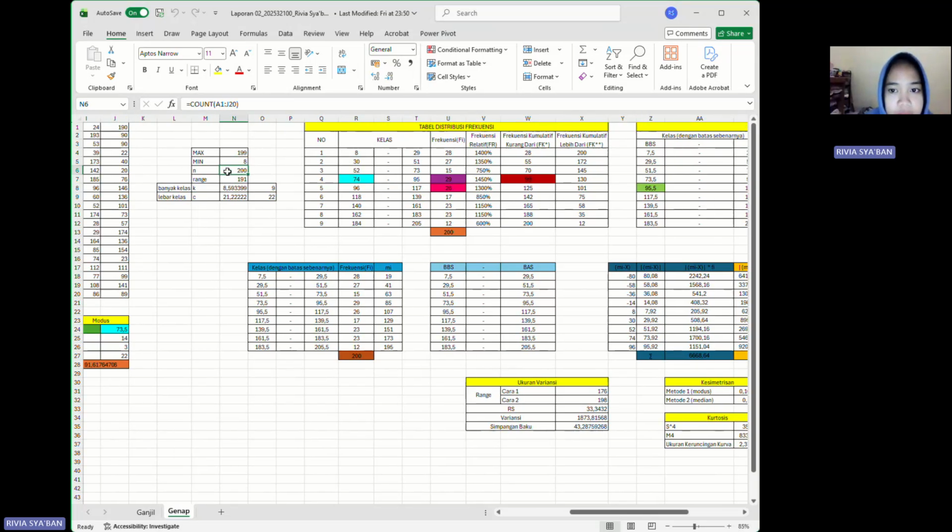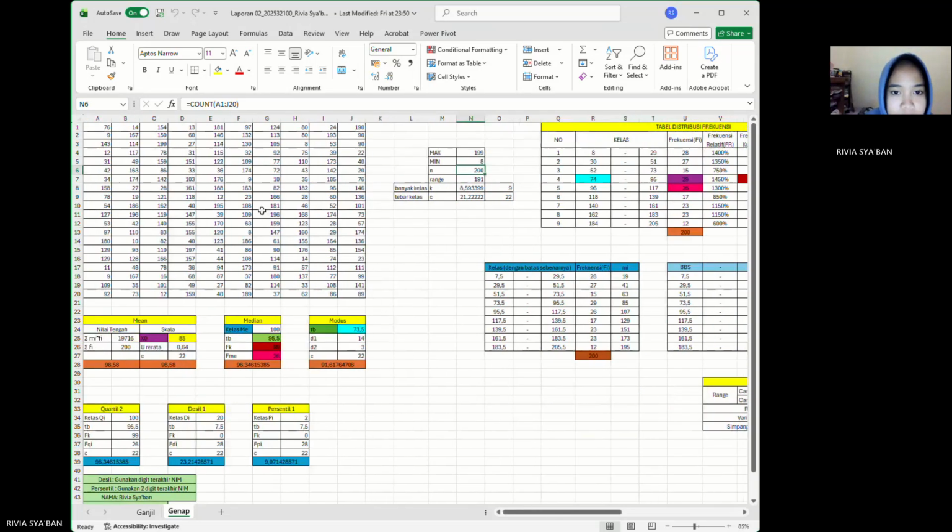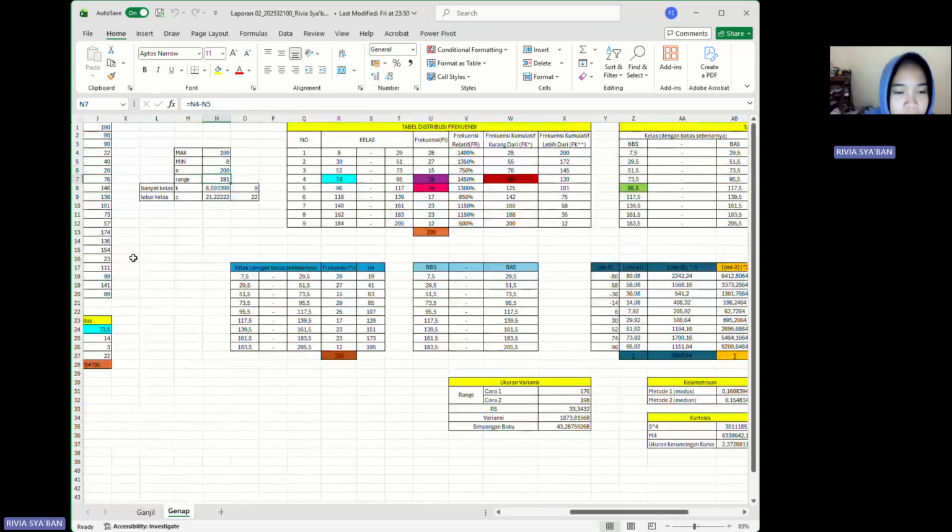And we need to find the range of the data, which is 191.